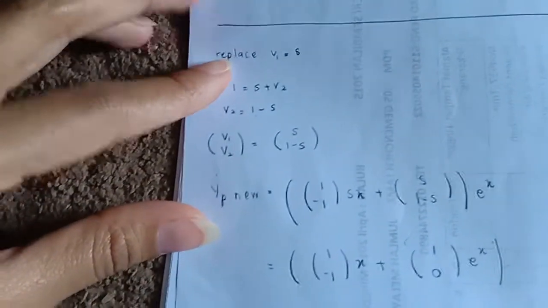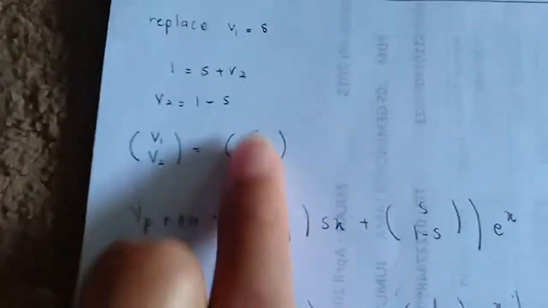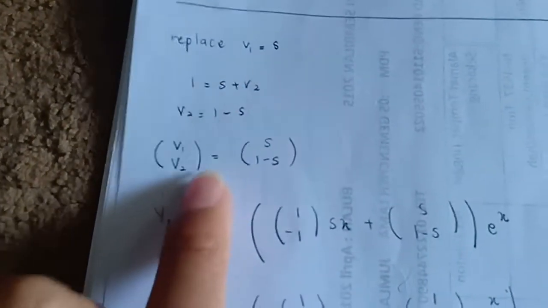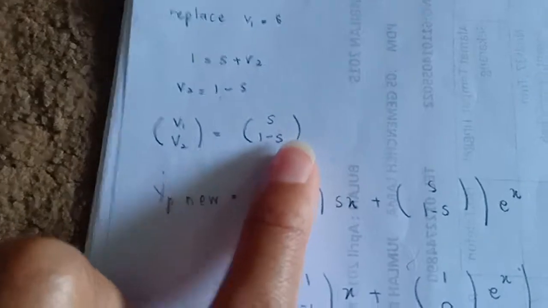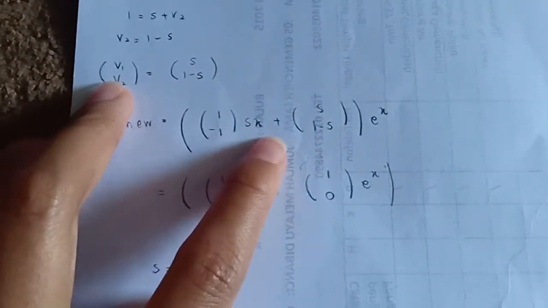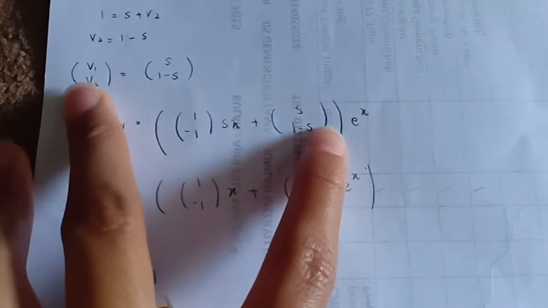Okay, we will replace v1 with s, and we get the value of v2, so we get v2 equal to 1 minus s here. So we write in matrix form, (v1, v2) equal to (s, 1 minus s). Okay, so this is our new yp in s (1, negative 1) x plus (s, 1 minus s) ex. Okay, I just substitute the s here and we get this new yp.